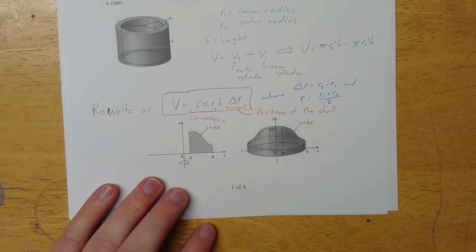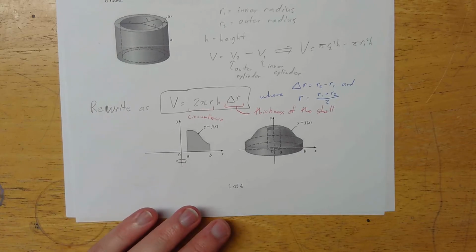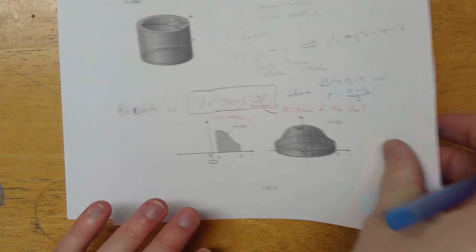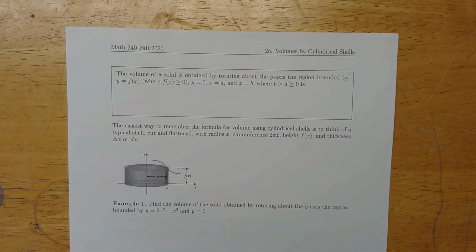And so we could find a new way of formulating our volume using all this. So say we've got a solid S obtained by rotating about the y-axis the region bounded by y equals f of x, where f of x is greater than 0, y equals 0, x equals a, and x equals b, where b is greater than a is greater than 0.